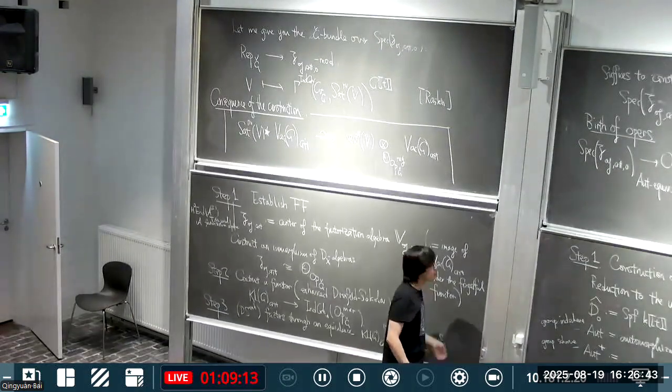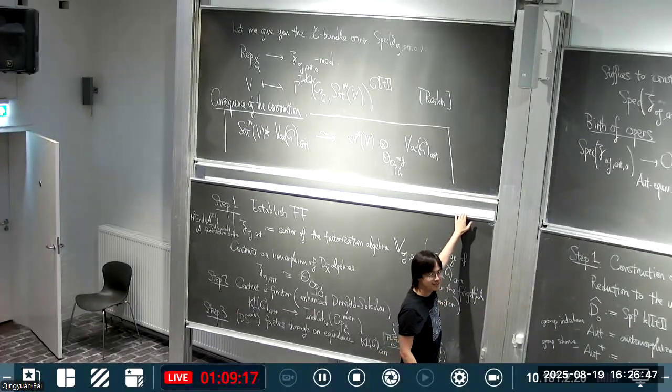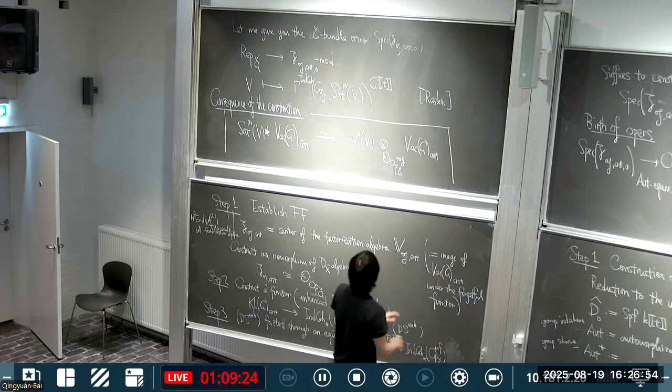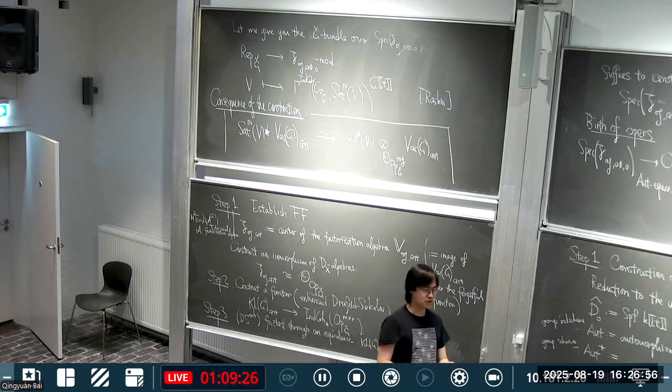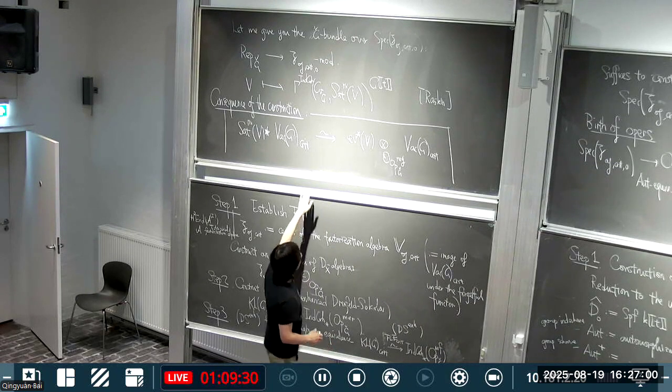But you get why taking G-invariants gives you an object. So why is it a representation? Yeah, that's a general fact.